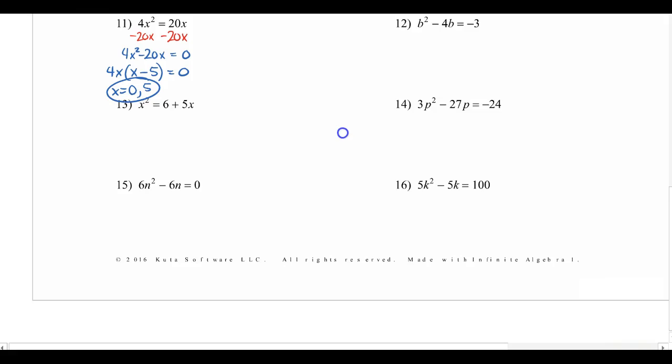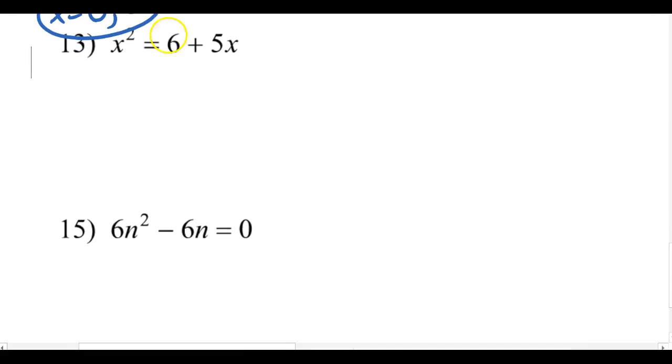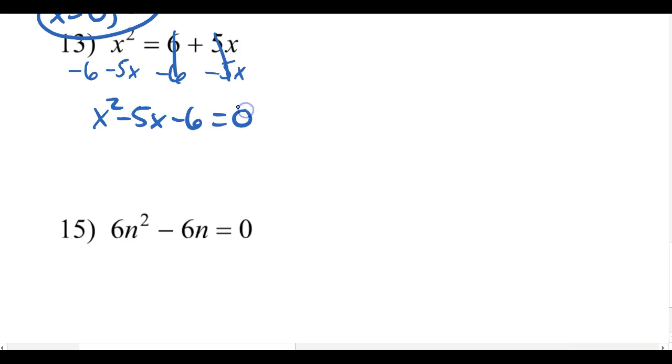Okay, let's look at a couple more. Okay, the one right below it, again, we need this to have all the terms on the left and 0 on the right. So this subtracts 6 and 5, but we have to do it on the left side as well. These cancel out and make 0. And now we have x squared, and let's write in standard form, minus 5x minus 6 equals 0.